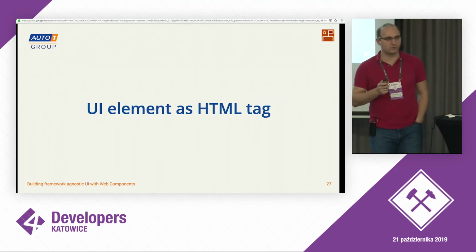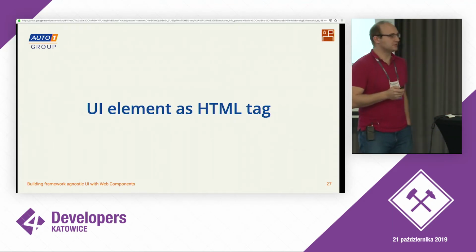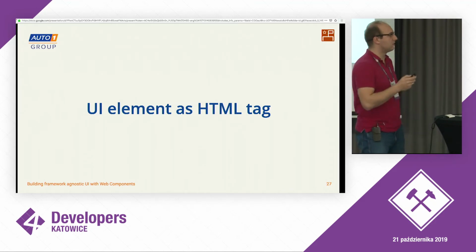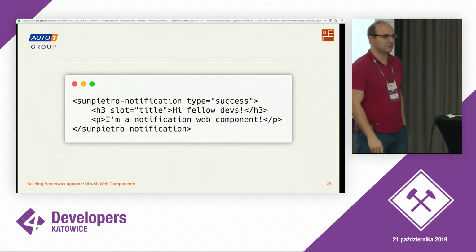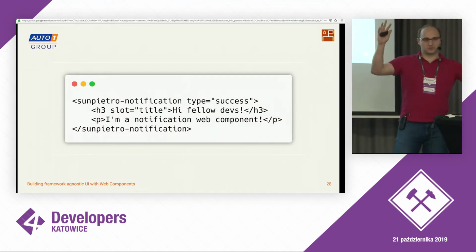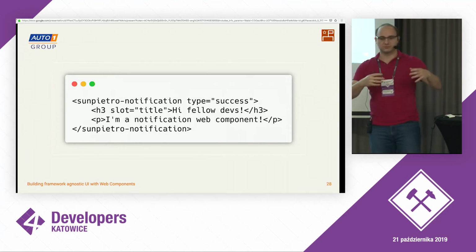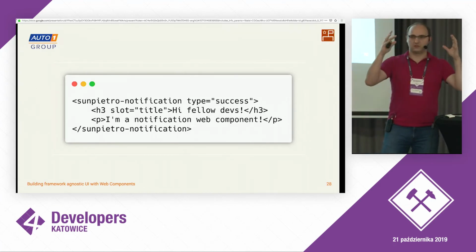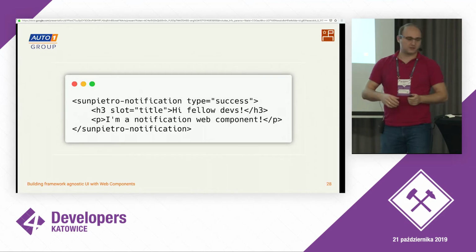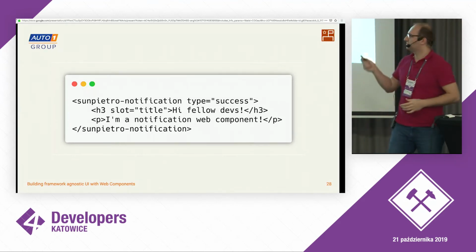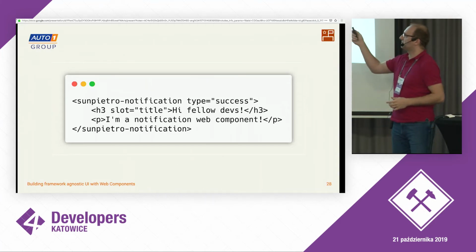The next win with web components is UI element as HTML tag. What does it mean? It means this. So instead of having a huge structure for the modal or something from Bootstrap, I'm going to refer to Bootstrap because it's very common and very popular. Instead of having a huge HTML structure everywhere on every page, you can just attach the custom HTML tag.